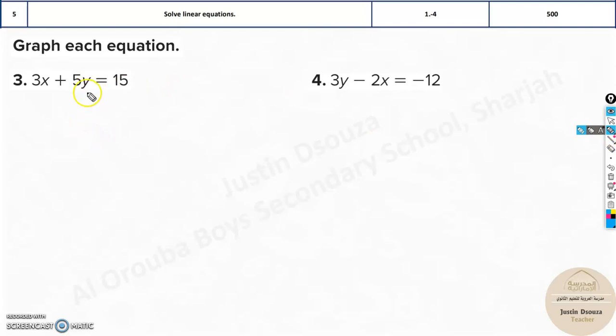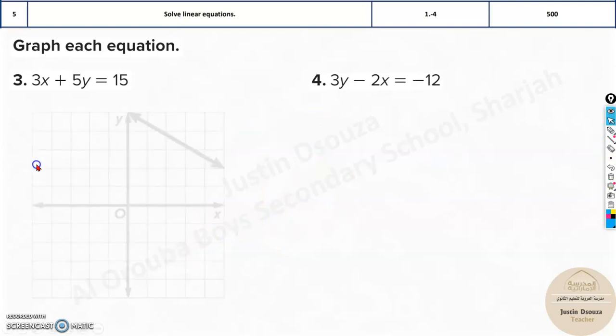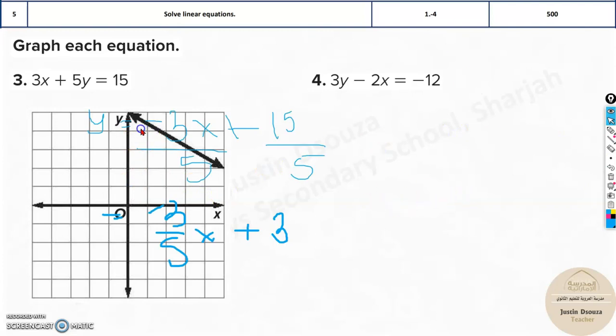I'll write the slope-intercept form. It'll become y equals minus 3x plus 15, with everything divided by 5. So the slope would be minus 3 by 5 x, plus 3 as the y-intercept. Now over here, what's happened? Did I do anything wrong?